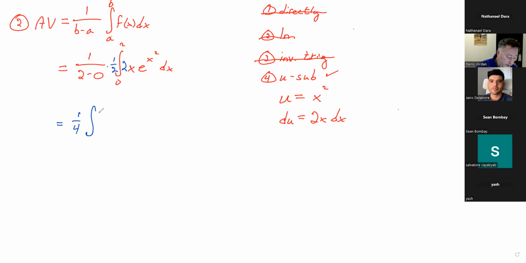And now you're going to integrate e to the u du. For this one, I think the last time we had a problem like this with a u sub, we changed everything back into terms of x. I'll do it differently this time. Instead, I'll get new bounds. When x is 2, what would u equal?